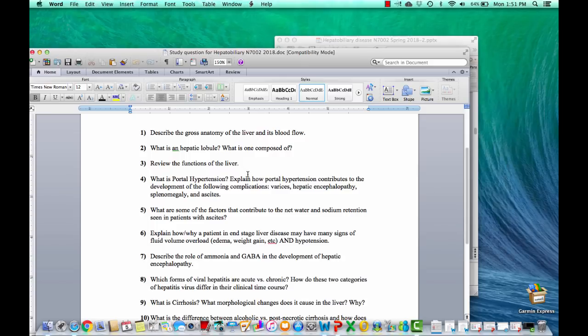Okay, bring ammonia down. Now, we talked about the consumption of laxatives like lactulose, right? And lactulose is designed to speed up the rate of movement through the GI tract to decrease this production of ammonia.